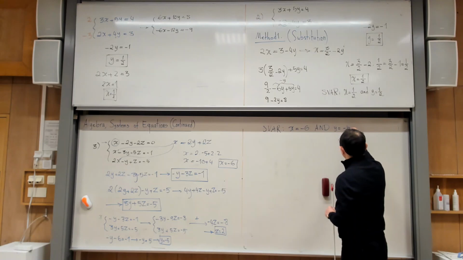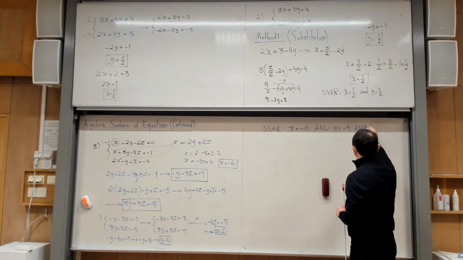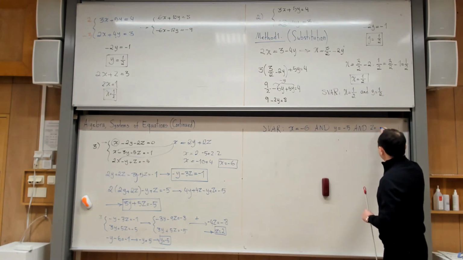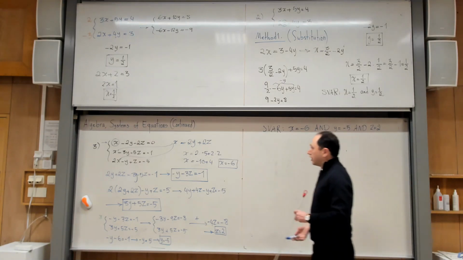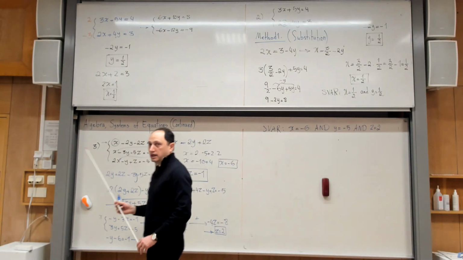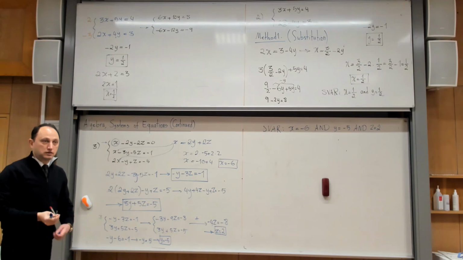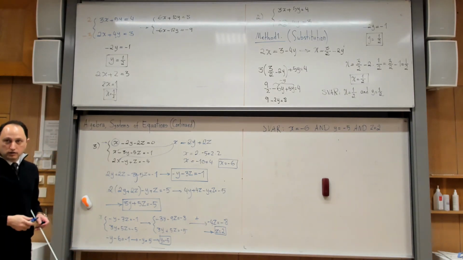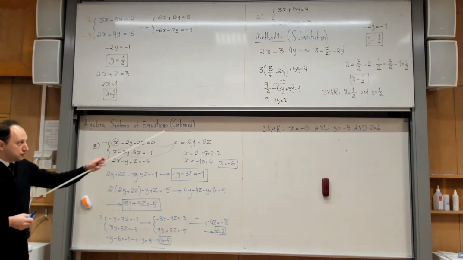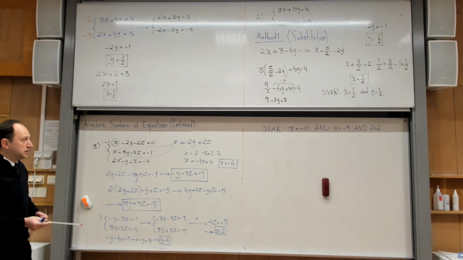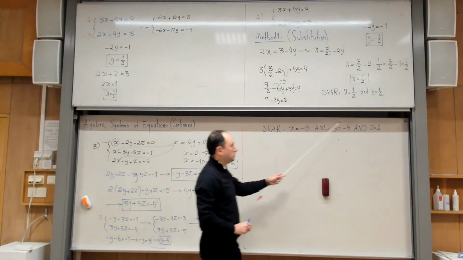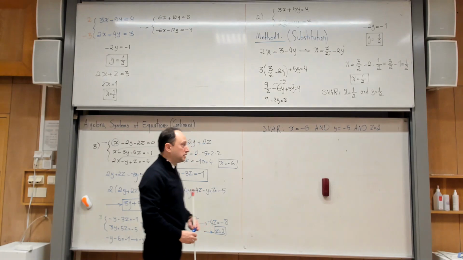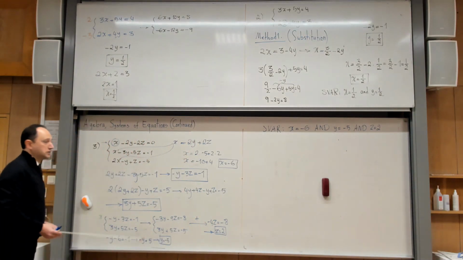Minus 5, and z is equal to 2. If I ask you how many solutions are there for this system, what do you say? 1. Don't say there are 3. Of course there are 3 numbers, but the whole package is one solution. Yes? And that is the solution of this system.